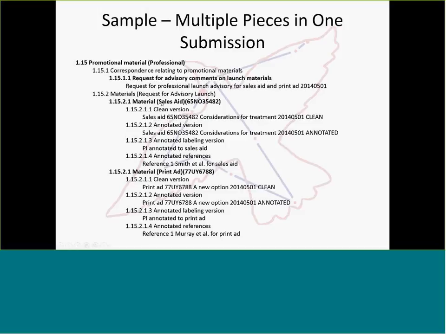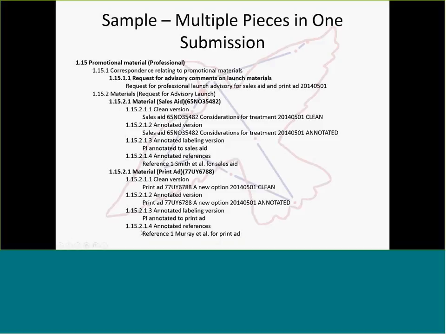In this case, sales aid, so that would be some sort of demo for a conference, and maybe a print ad, perhaps going into the conference's flyer or something like that, going into the handout at the conference. You have your clean version, your annotated version, your PI, and any supporting information.